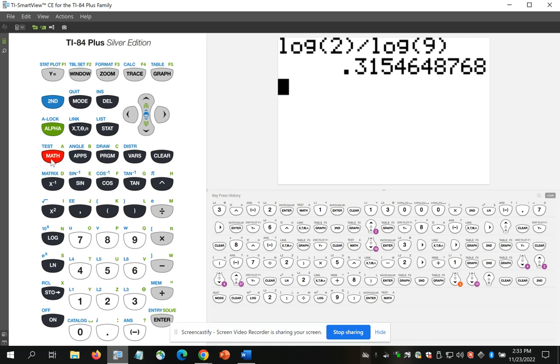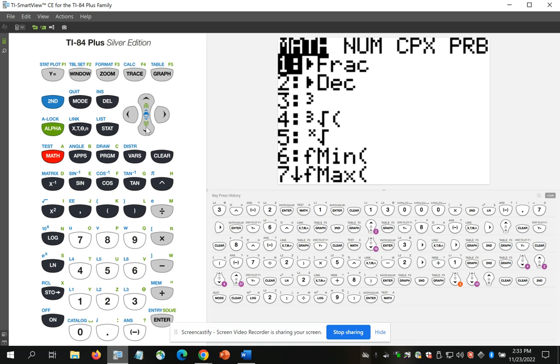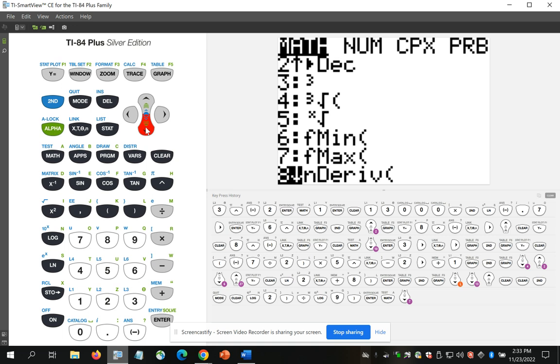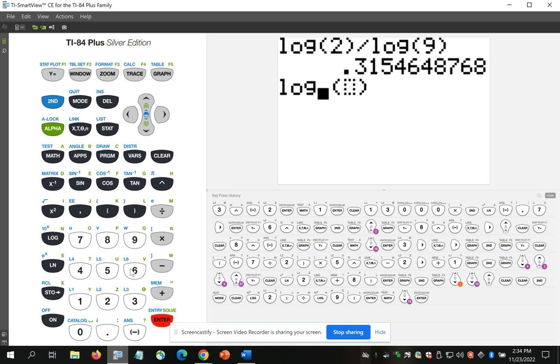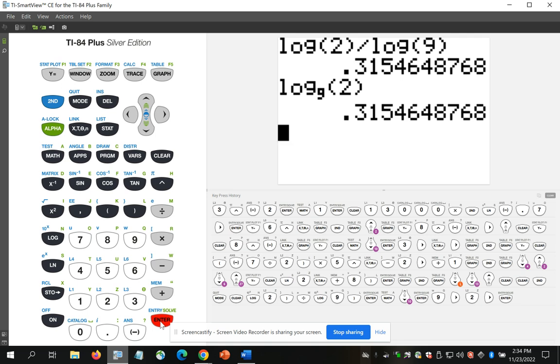You can go to Math, scroll down again to option A, log base, and I can enter log base 9 of 2. And notice I get the exact same value. Okay, so there's really 2 ways to do it. It depends upon how fancy your calculator is.